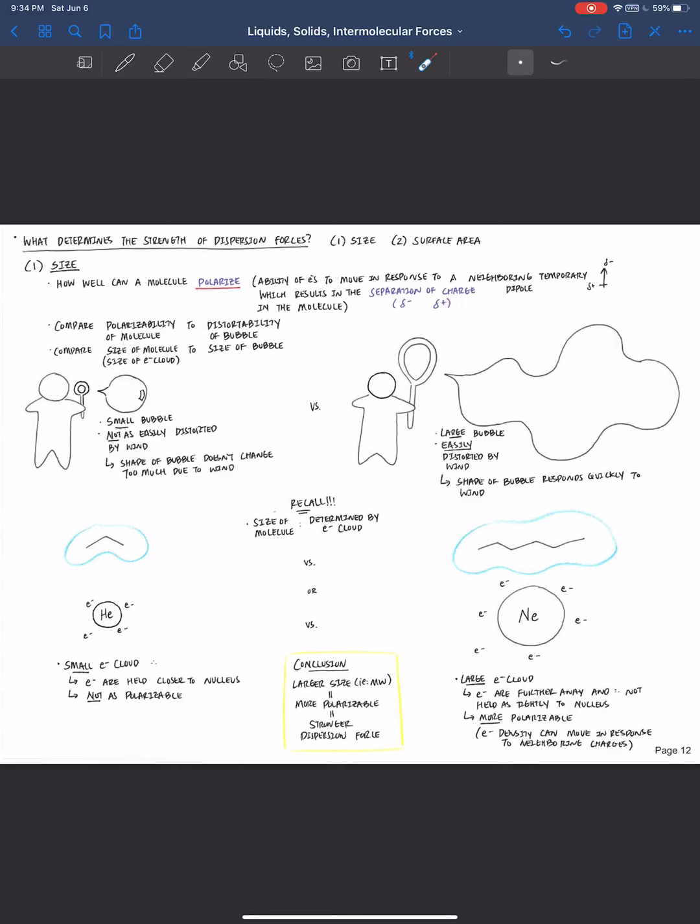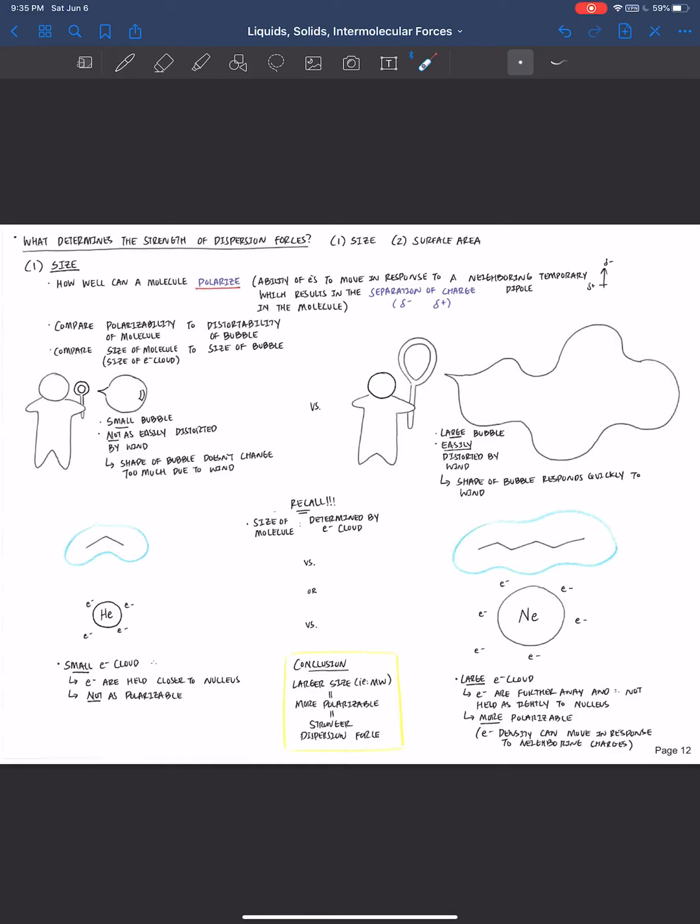And I love this analogy here. Think of bubbles, right? Think of comparing a small bubble to a very large bubble. My daughter loves these huge bubbles that you can make with those ropes. They're so cool. All right, so a small bubble, and at the same time you can be thinking about small molecule versus large molecule and these hydrocarbons.